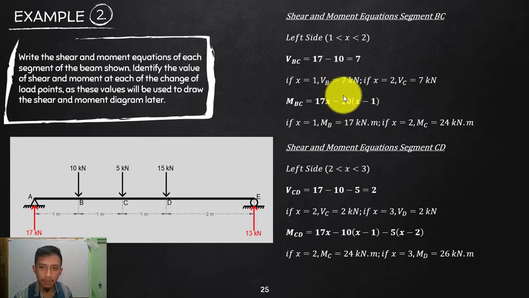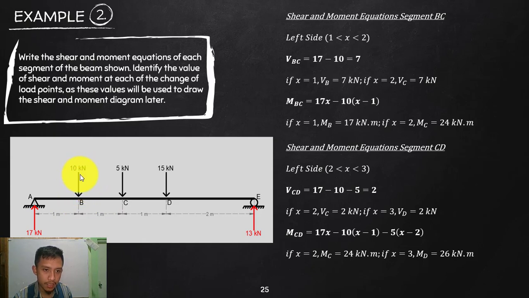For the moment, I will cut here. Your 17 is a distance x to my section here, so clockwise, that is 17 times x positive. And then your 10 here is counterclockwise. Within a section here, what is the distance? If x is from A to this point, then that is 1.